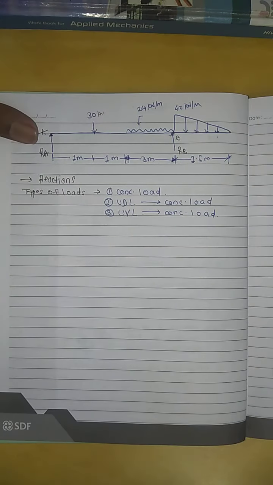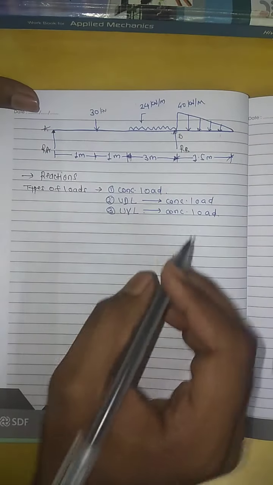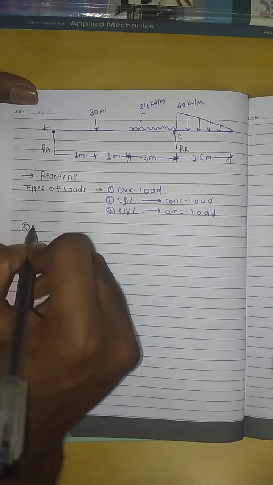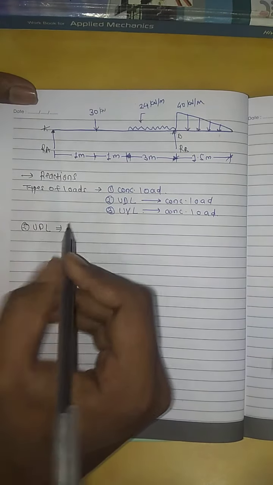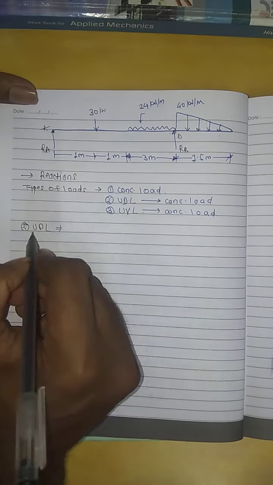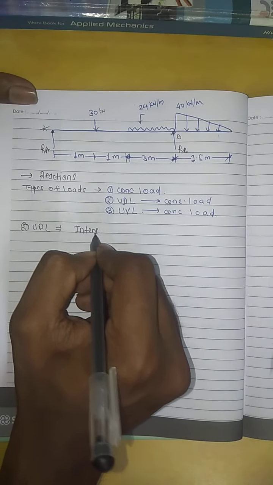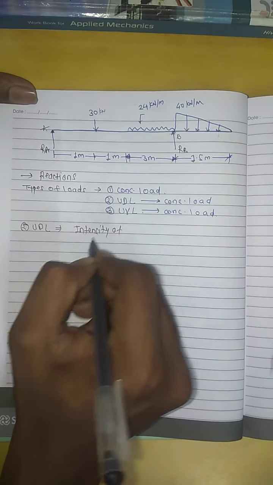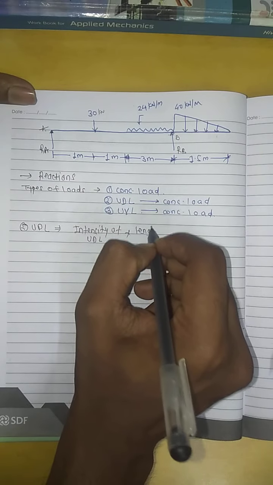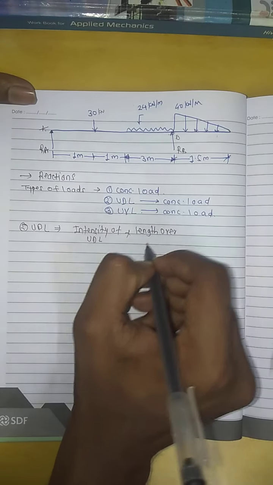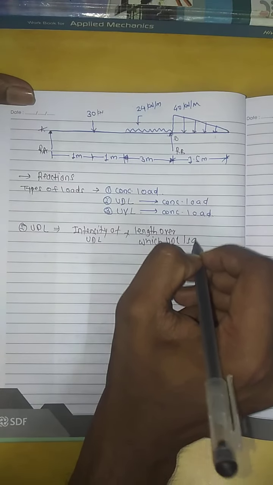Now there is a very simple method for this. First load is a concentrated load, so no need to change. Second load is UDL. For UDL, we have to write the intensity of UDL multiplied by the length over which UDL is acting.